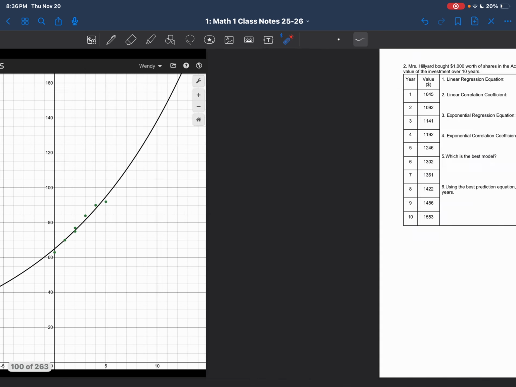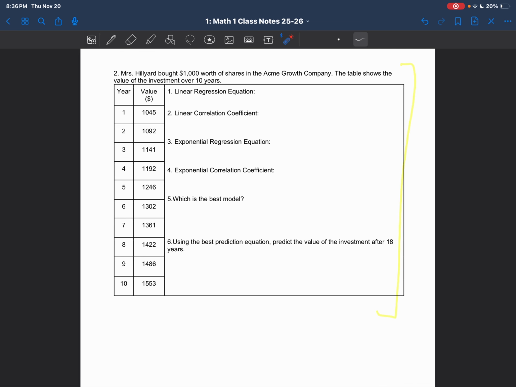Okay. All right. So what you're going to do is you're going to get on Desmos and do that, entering these, and then make sure you're looking at linear and exponential, and then which one is the best model. So remember, you want your R value closest to 1.